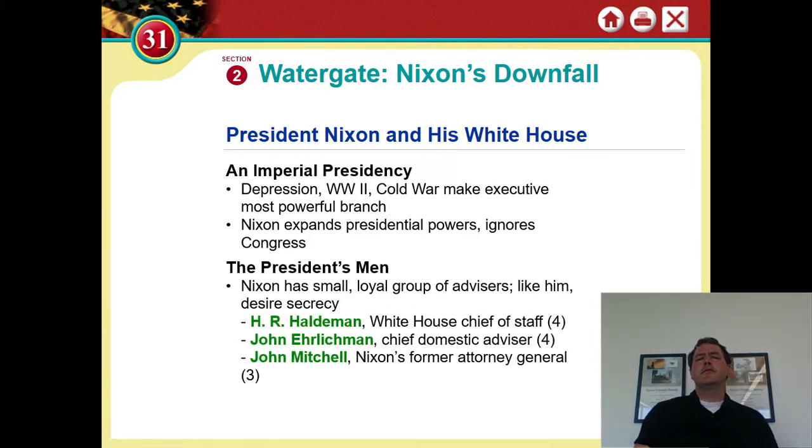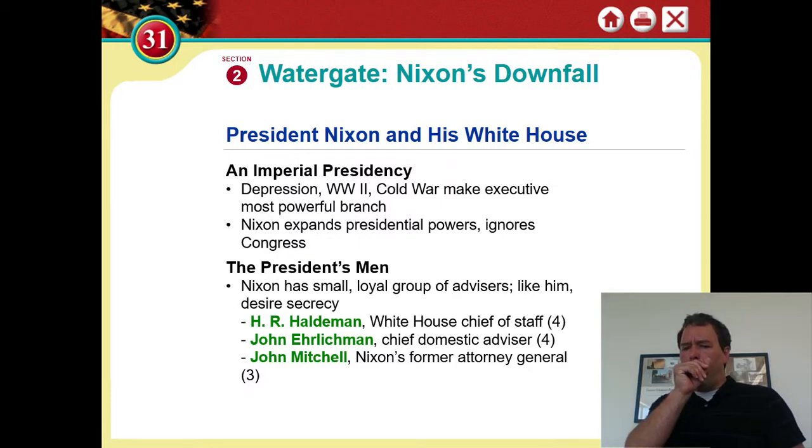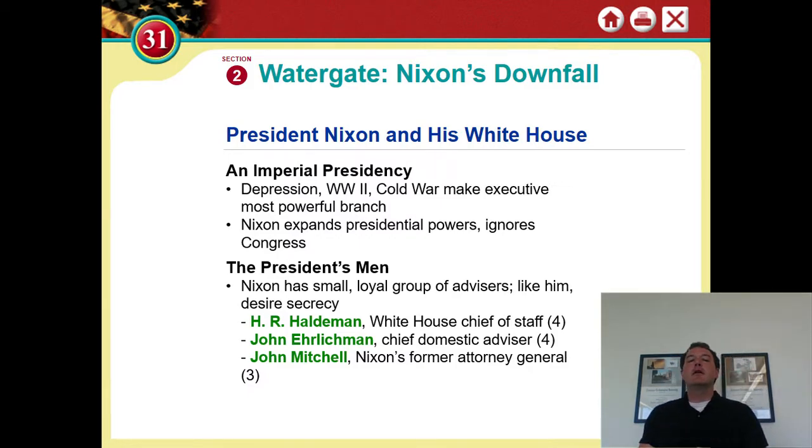He had a very small, loyal group of advisors. Like him, they desired absolute secrecy. These 3 men are H.R. Haldeman, the White House Chief of Staff, John Ehrlichman, the Chief Domestic Advisor, and John Mitchell, Nixon's former Attorney General.